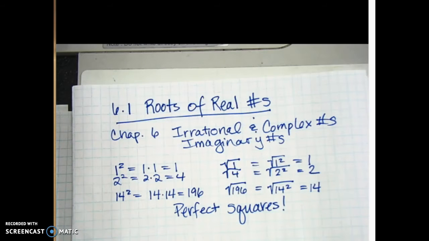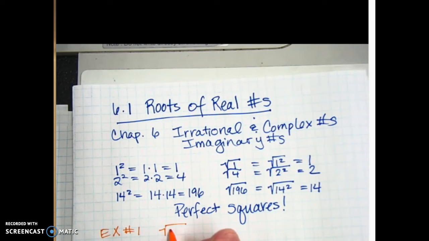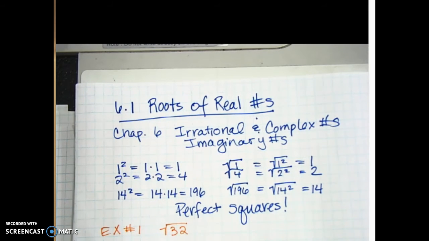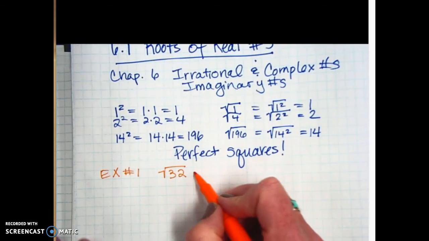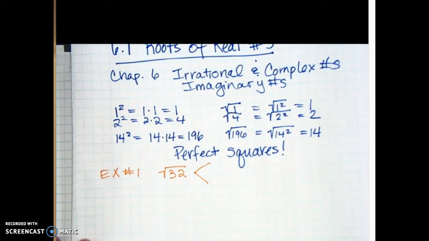So what happens if you get a number that's not a perfect square? Like example number 1, the square root of 32. There are 2 perfect squares near it, one just before it and one after it. What's the perfect square that comes right before 32?